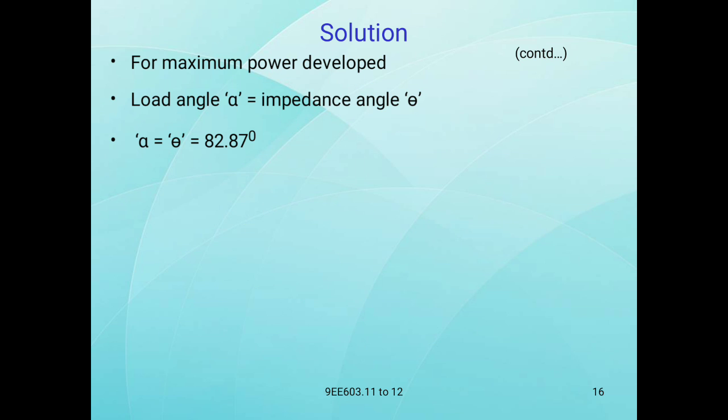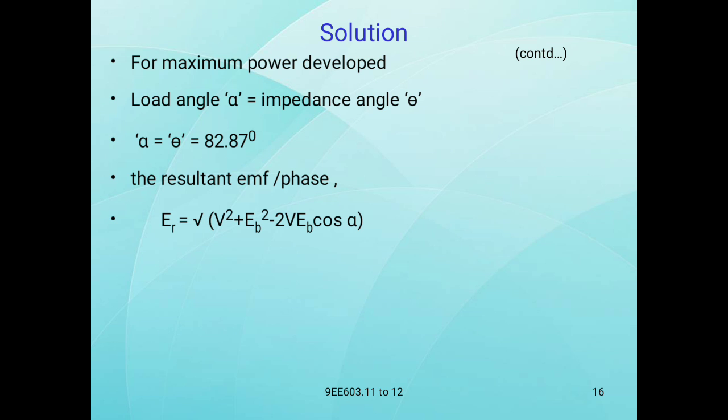So alpha is equal to theta, that is 82.87 degrees, and the resultant voltage per phase is ER equal to under root of V square plus EB square minus 2 V EB cos alpha.